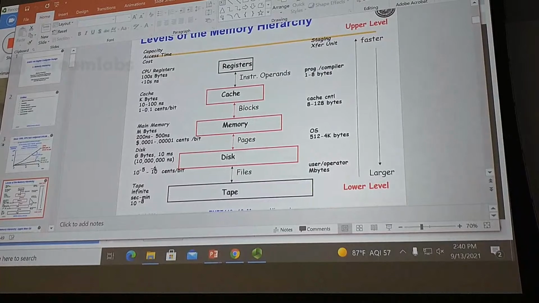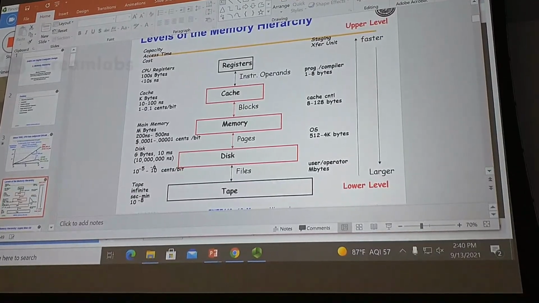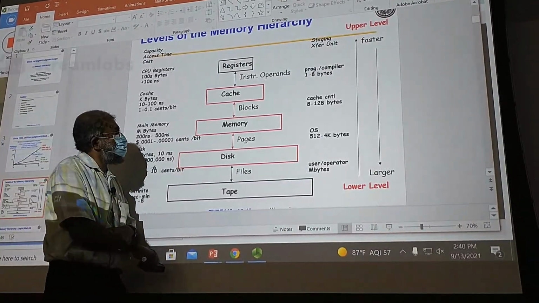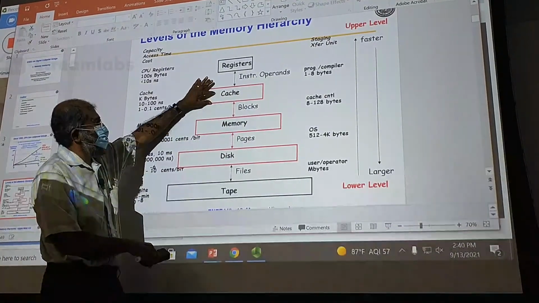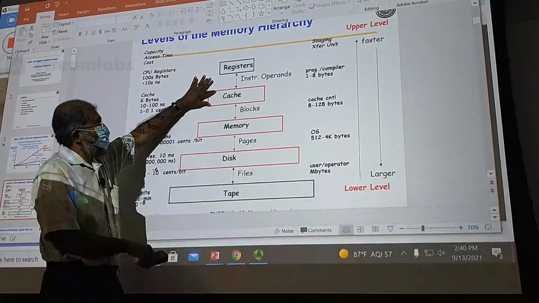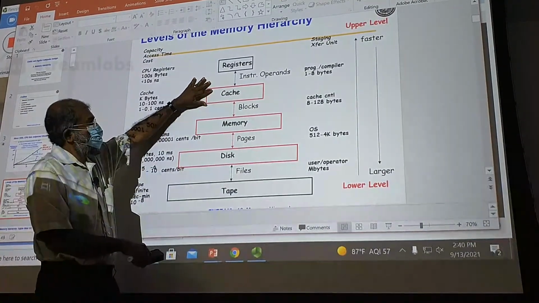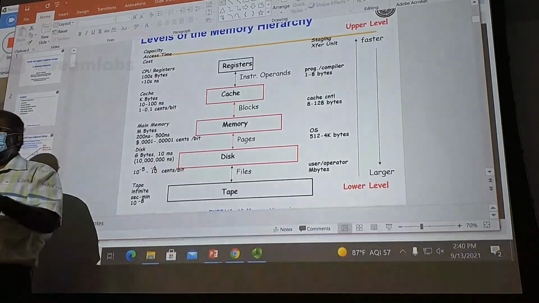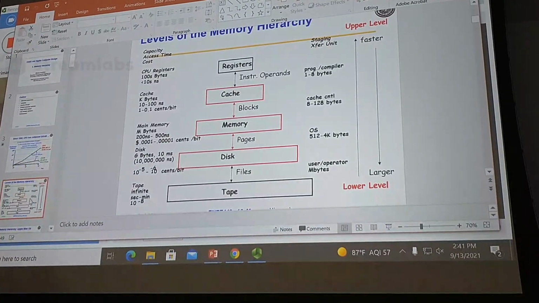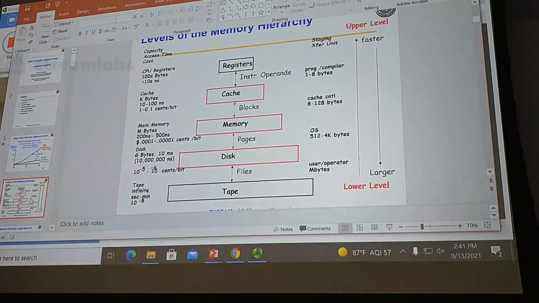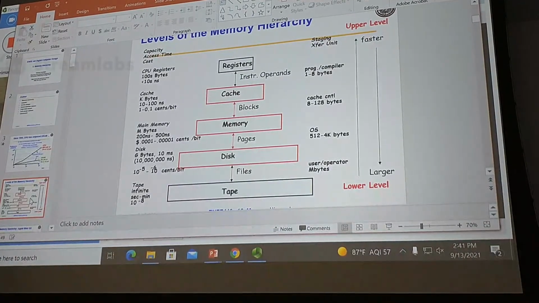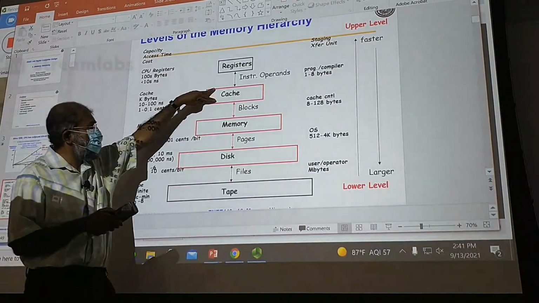And in this chapter, we are going to look at these two in more detail. So we'll look at cache memory, try to build on what you already learned in 350 about basic cache organization. We'll try to do more than that, especially techniques for improving performance.